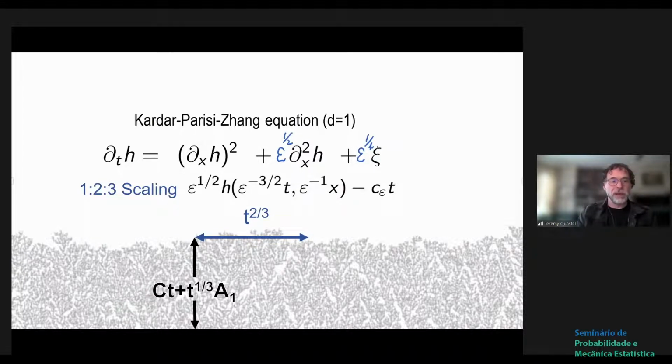And so you're left with the equation dTH equals dxH squared. And that's just the integral of the Burgers equation, or what's called the Hopf equation. And in school, we're all taught that the solutions of that, as epsilon goes to 0, are supposed to be entropy solutions. And so you might guess that as epsilon goes to 0, you just get the entropy solution of the Hopf equation, but you don't.